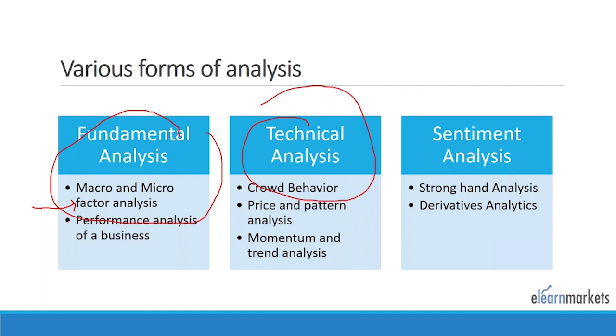So fundamental analysis from a stock market perspective is where you try to find out from a financials perspective how the business performance of the company is doing. And if you believe that there is a disconnect between expected business performance and the business performance expected by the market, then there is a difference between fair value and the actual price of the equity.